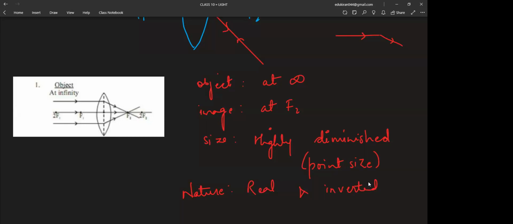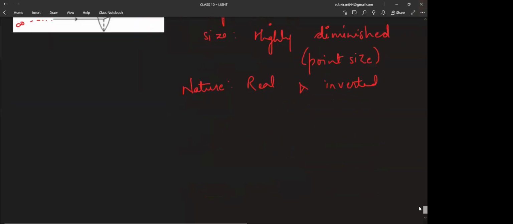One more case, class. If we have the object beyond 2F2, see again we will start from there. We have infinity, rays are coming from infinity. Then we'll bring the object a little closer. See what we'll do.